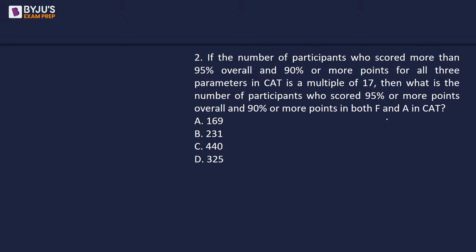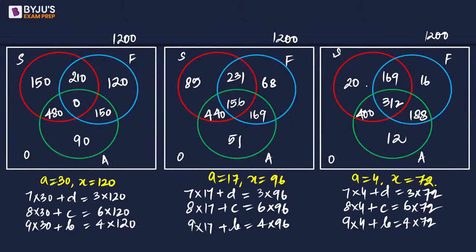So more than 95% overall or 90% or more points for all the three, इस पे ध्यान दो. 90% or more points for all the three parameters in CAT is a multiple of 17. So multiples of 17 ये है second case. This is the only place we have got multiples of 17. ठीक है.